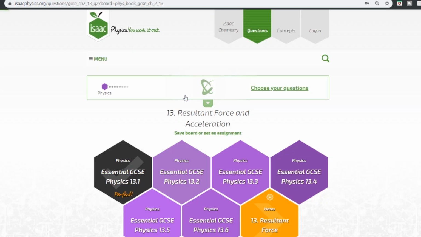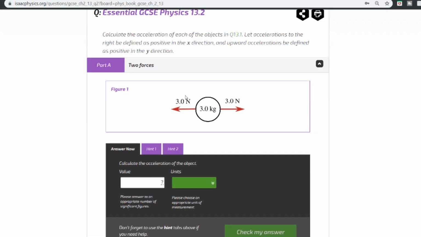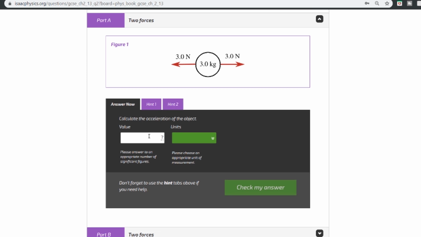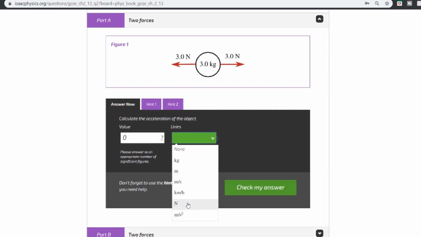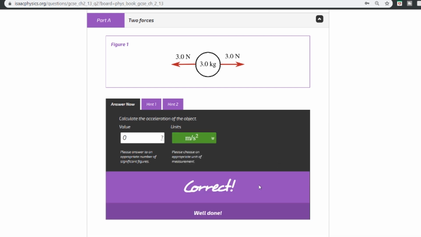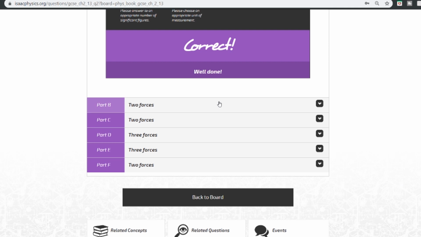Okay, so 13.2, part A, so we've got calculate the acceleration of the object. So here the acceleration is going to be equal to 0, and the units are meters per second squared. Check my answer, correct.